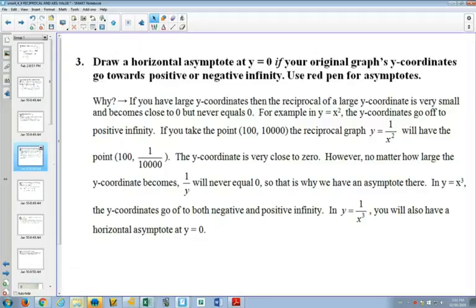It never equals 0, it just approaches 0, and that's why we have an asymptote at y equals 0. Again, an asymptote on a graph is what your graph is getting close to but never equals. As the number on the bottom gets larger and larger, that fraction is going to get closer and closer to 0, even though it never equals 0. So if your graph either goes to positive infinity or negative infinity, if it goes up forever or down forever, you will have an asymptote at y equals 0.